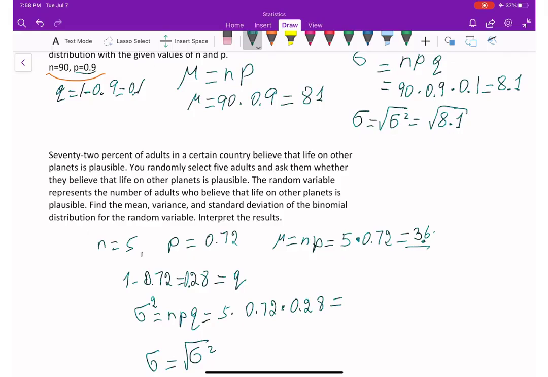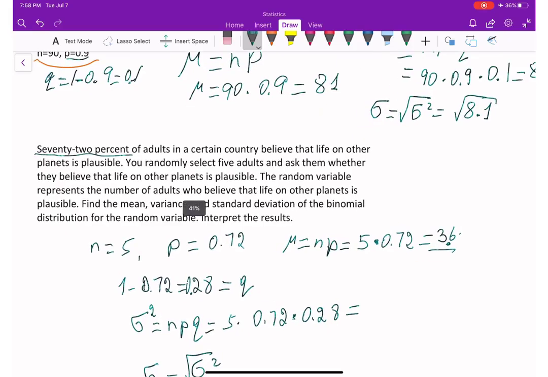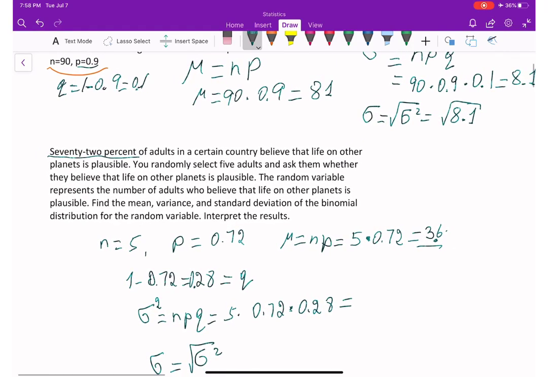72%, so let me mark down, 72% of adults in a certain country believe that life on other planets is plausible. You randomly select 5 adults, so 5 adults, this is going to be our sample size, and ask them whether they believe that life on other planets is plausible.